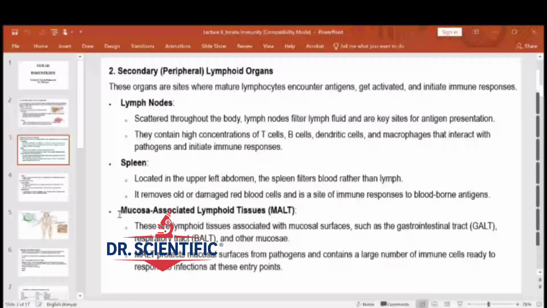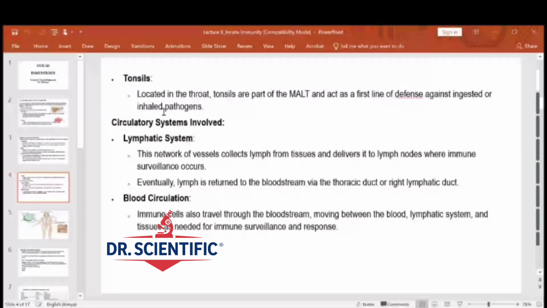Then, of course, MALT, it will depend on where it's found. If it's in the GIT, it's part of the GIT. If it's in the respiratory, it will be part of the respiratory. Tonsils, I don't know where I'll classify tonsils. But anyway, the key systems that are involved are the circulatory systems, and that is specifically lymphatic.